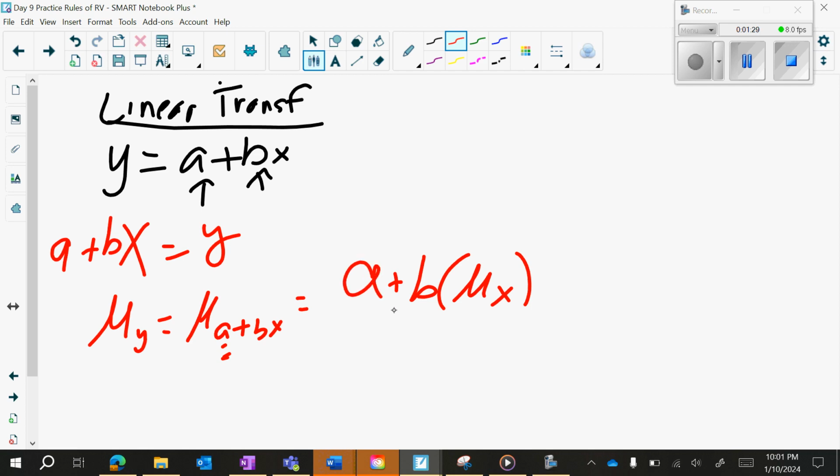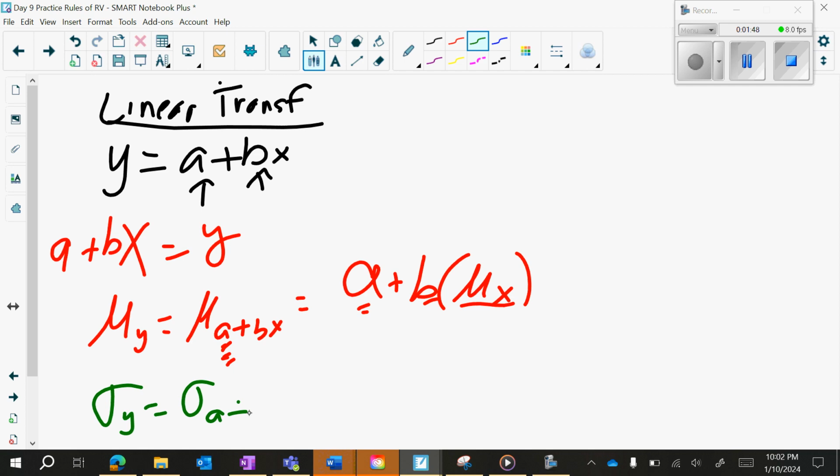So whatever you predict is going to happen to the mean is what will happen. When you multiply everything by b, the mean gets multiplied by b. When you add a to everything, the mean gets added by a. Very straightforward.